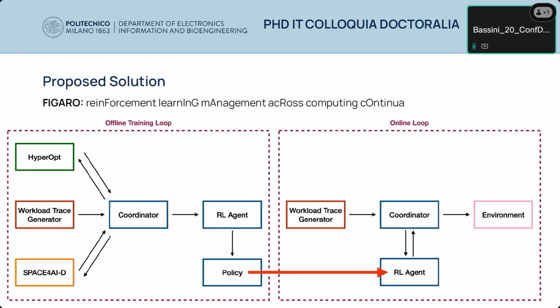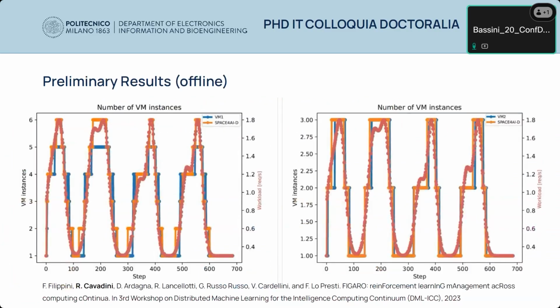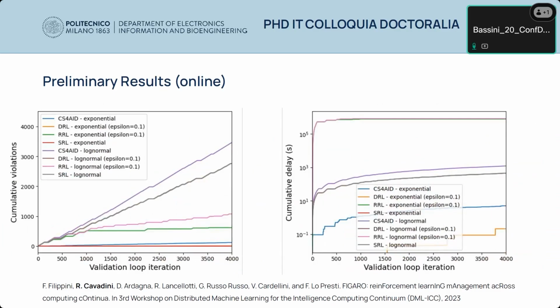For the offline training, this might not be the best plot, but we have the workload, which is red, the design time tool, which is the orange thing, and the blue is the agent, how the agent learns to behave. So it learns to mimic quite well the behavior of the design time expert.